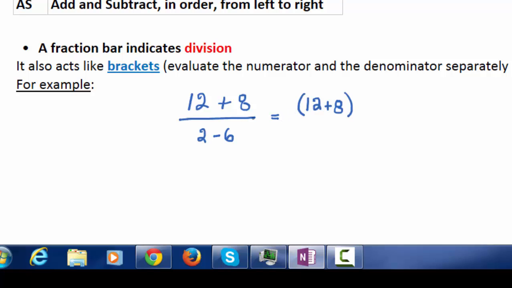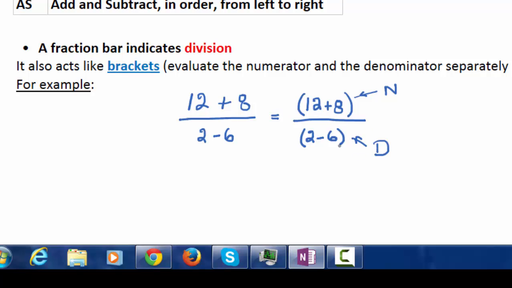And why do you imagine that? Because of this division bar or fraction bar. The same thing for the denominator, 2 minus 6, which means if we respect BADMAS, the B is bracket, number 1. So we start with the numerator, we work with the denominator, we find their values, and after that we switch the division bar to a division.